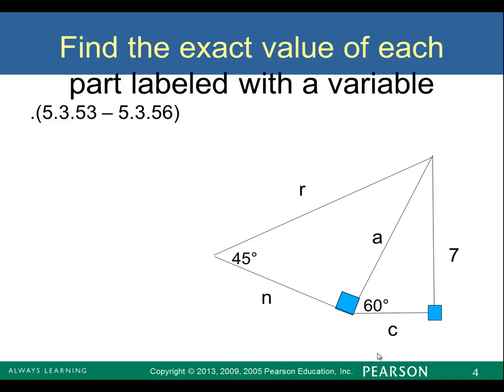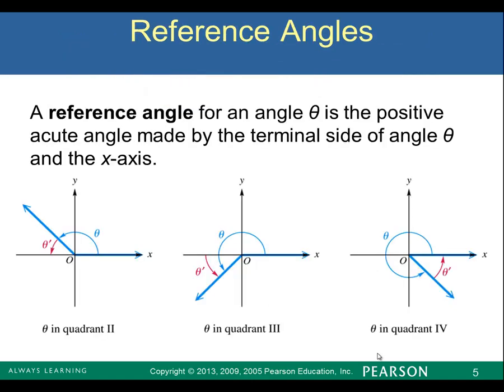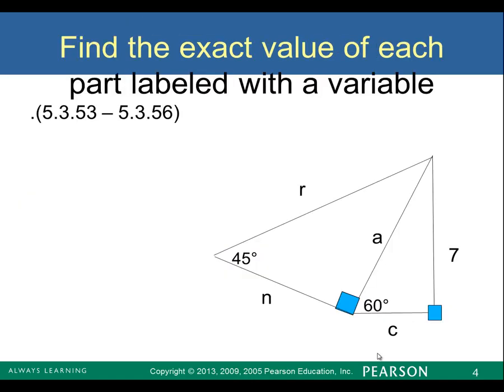Okay, here we have this triangle here. Here labeled, we have one angle is 45 degrees. In one triangle, so we actually have like two triangles adjacent to each other, or juxtaposed to each other.